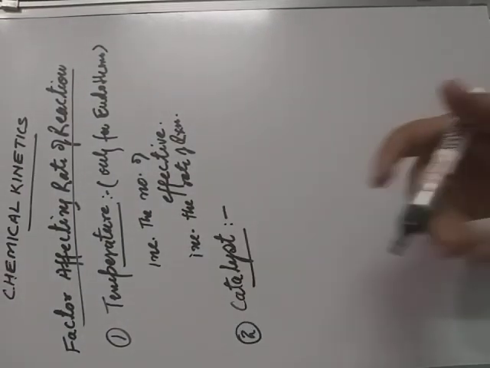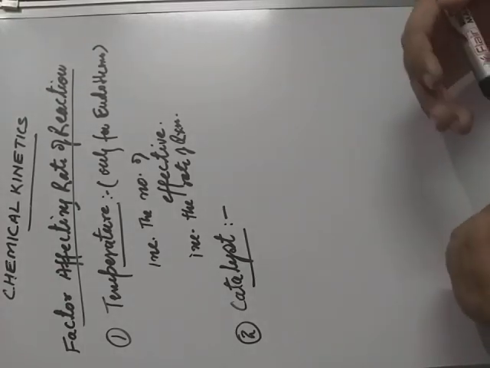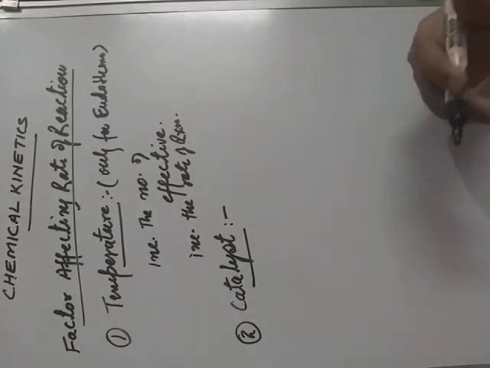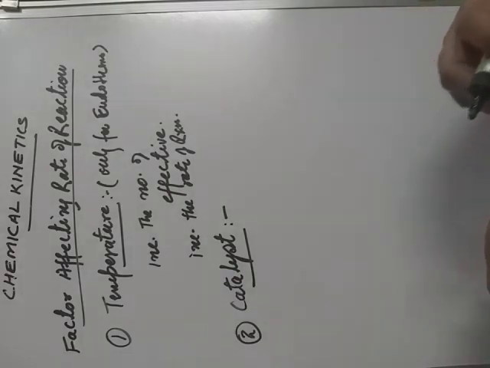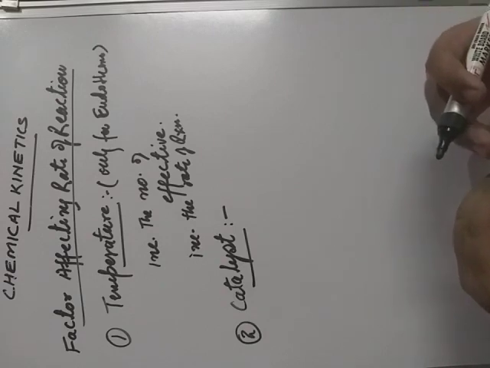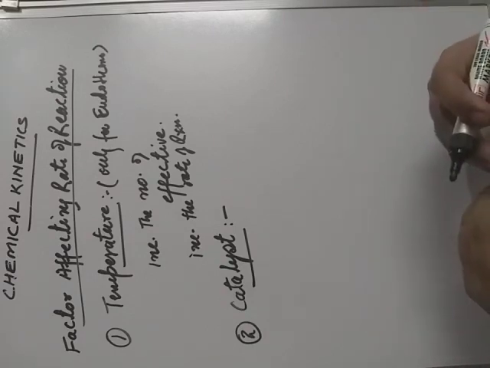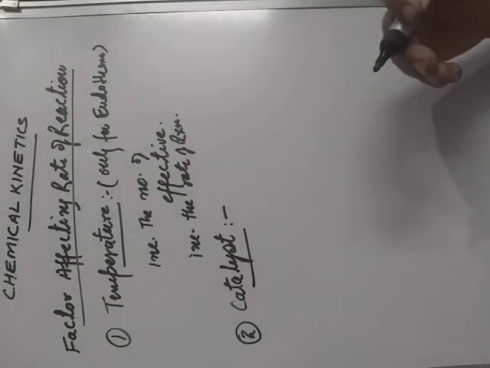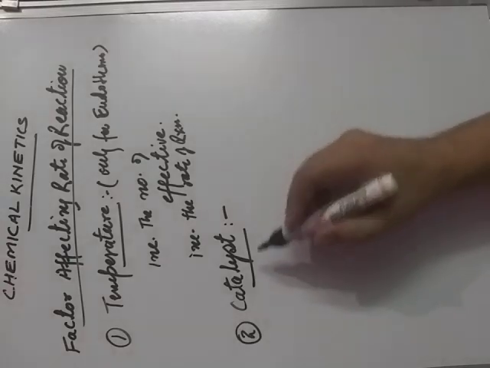Now, how do catalysts affect the rate of reaction? You know that a catalyst is a chemical substance that enhances the speed of a chemical reaction, and positive catalysts speed up the chemical reaction. So how do they speed it up?